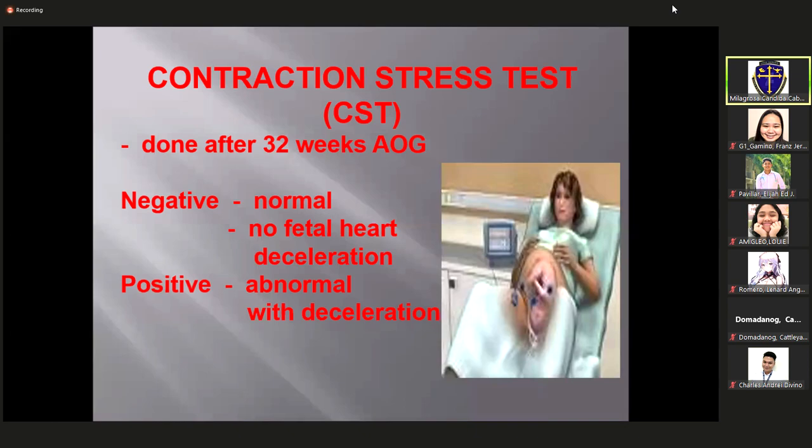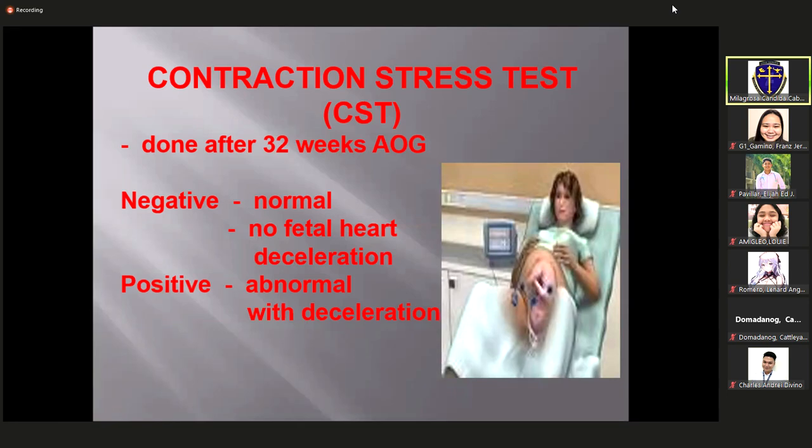Alright? There are two ways to perform contraction stress test. The first one would be through oxytocin drip. Okay? Oxytocin is incorporated sa IVF po ng client natin. So, based tayo sa drip rate na gusto ni doc for us to stimulate contraction.